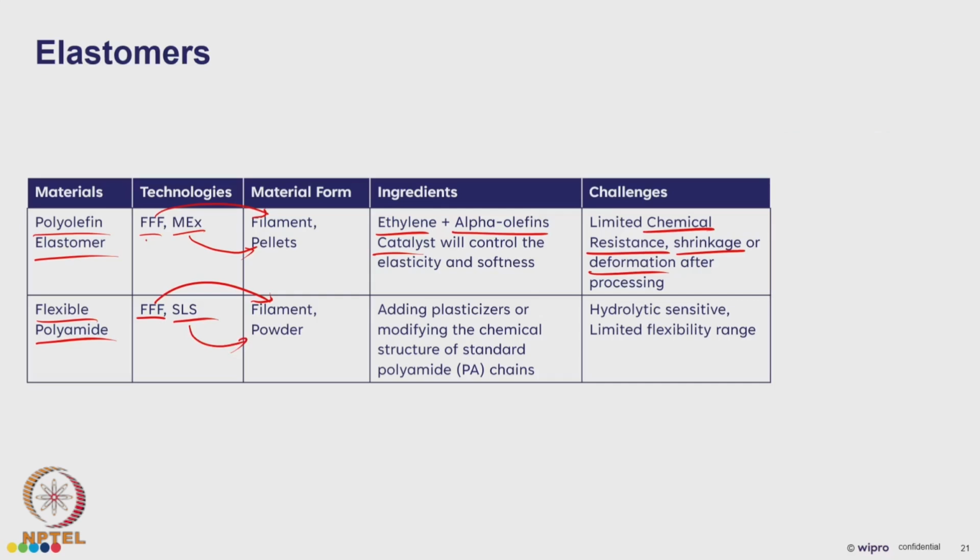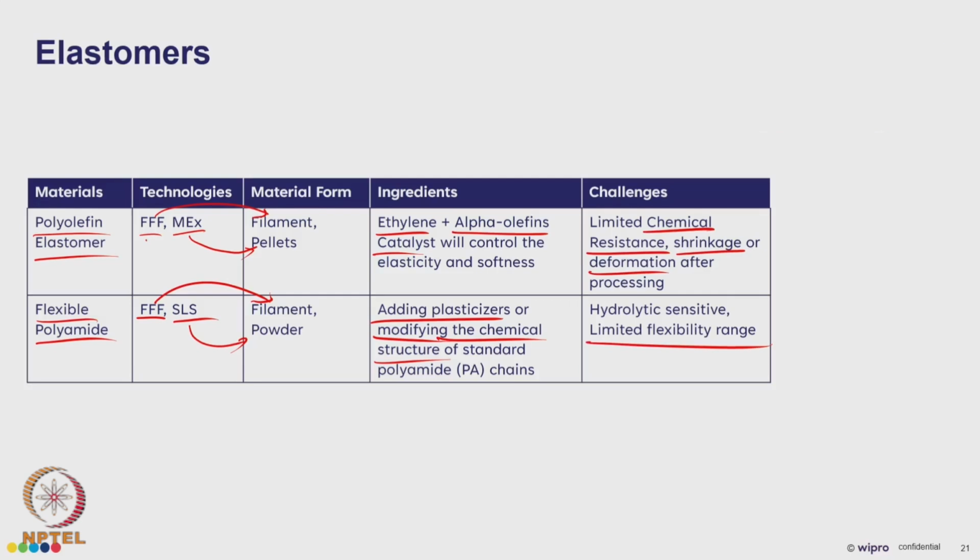As I have told, we are adding some plasticizers or modifying the chemical structure of standard polyamide chains so that we get some flexibility in it. As we have already seen, this is moisture sensitive, so we have to make sure it is stored in a proper environment, and this does not give a very high range of flexibility, it has a very limited flexibility range.